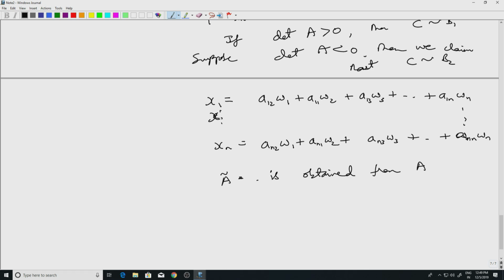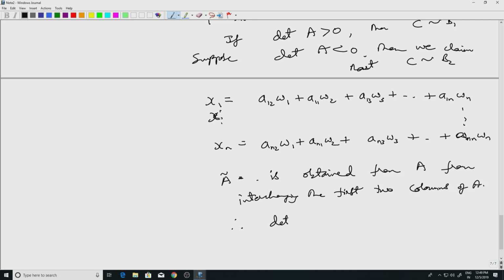Here A12 up to An2 is the first column. The second column is A11 all the way up to An1, while for A it was the other way. So A tilde is obtained from A by interchanging the first two columns of A.